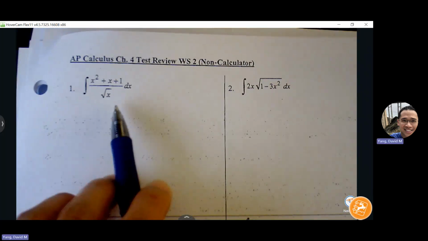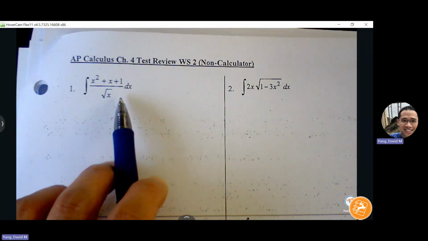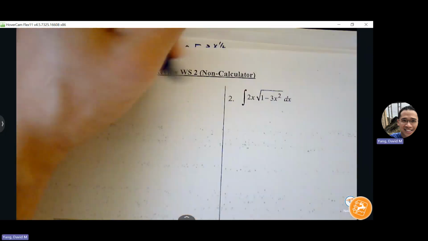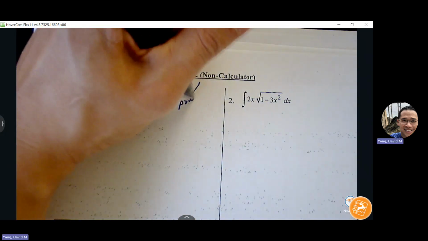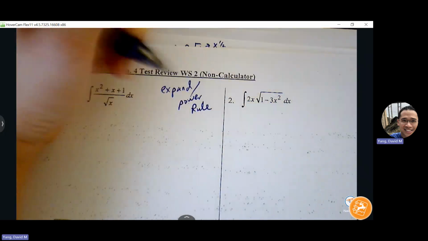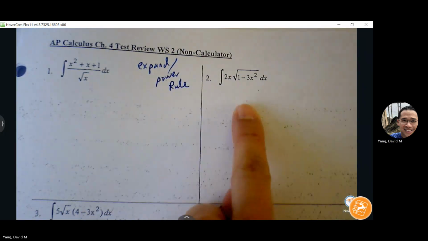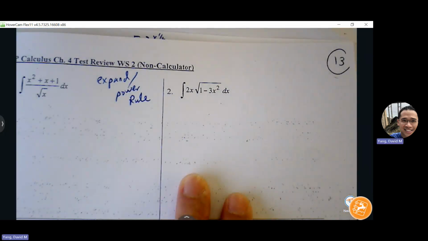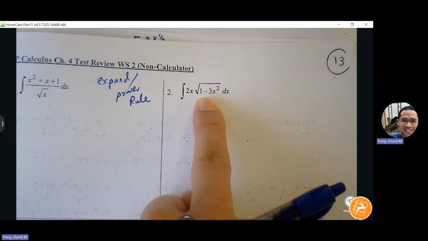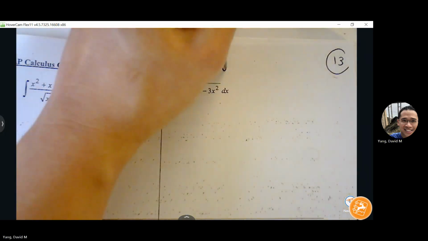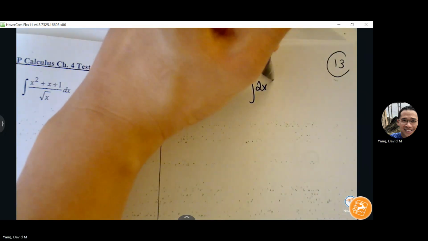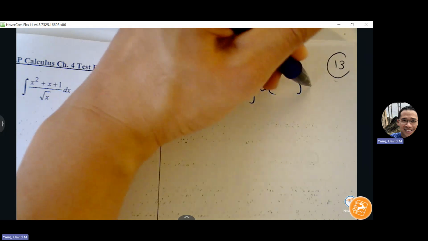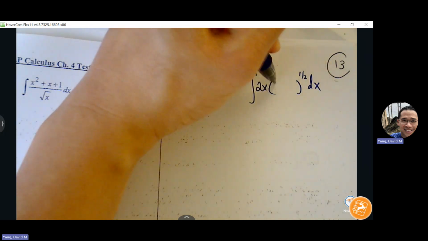Page 13. So we can tell by looking at this problem, there's no need for u substitution. This is expansion and power rule. So split up into individual fractions, clean everything up, just like how we did on the quiz. Number 2, can I distribute my way through and rely on power rule? I cannot, right? So I got to think about u substitution. What could be our u value? Yep, once I get that radical in terms of rational exponents.